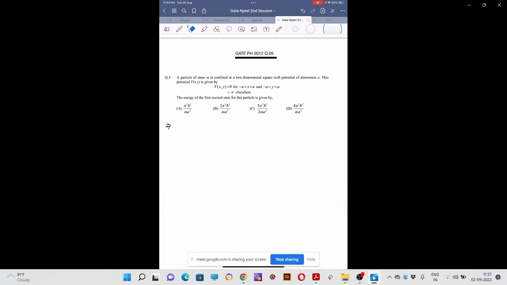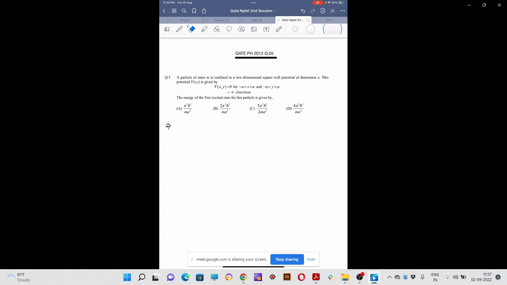In this video, I will solve GATE Physics 2012 question 5. A particle of mass m is confined in a two-dimensional square potential of dimension a. This potential V(x,y) is given by V(x,y) equal to 0 for x between minus a to a and y also between minus a to a, and infinity elsewhere.